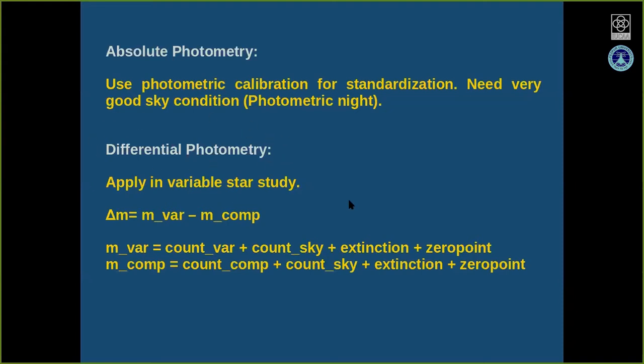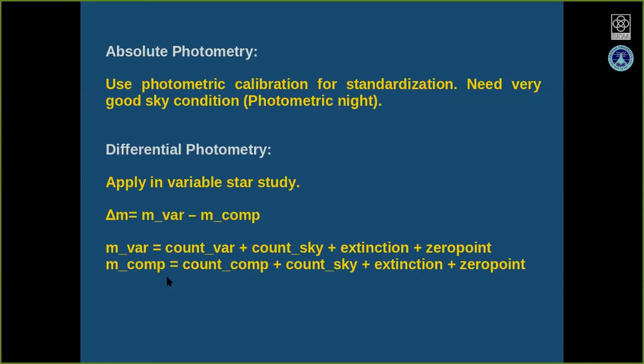What is this differential photometry? In differential photometry, along with the variable star, we consider a non-variable comparison star. Suppose this is the instrumental magnitude for the variable star. What will add up for it? That is count for variable star plus count for sky plus extinction plus zero point, right?